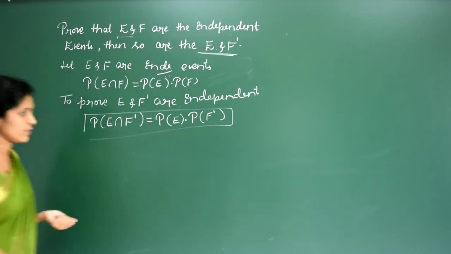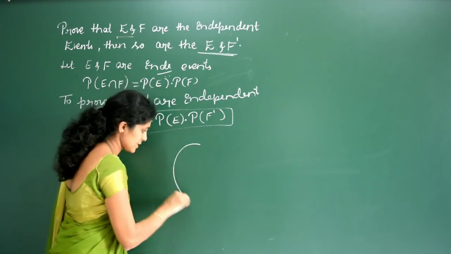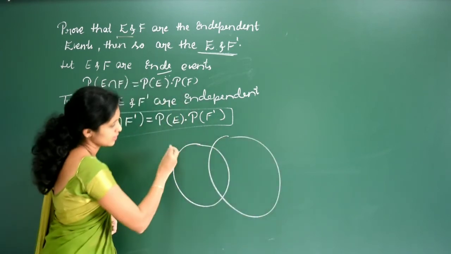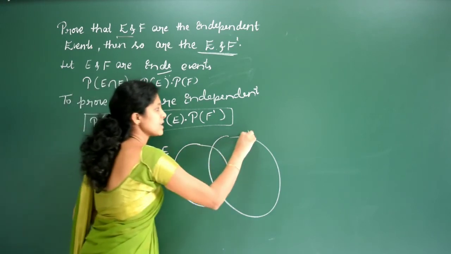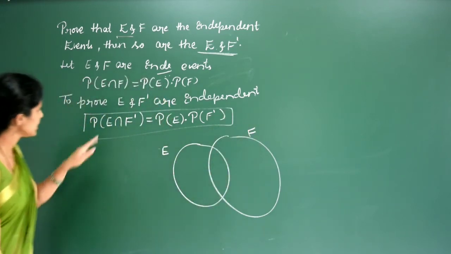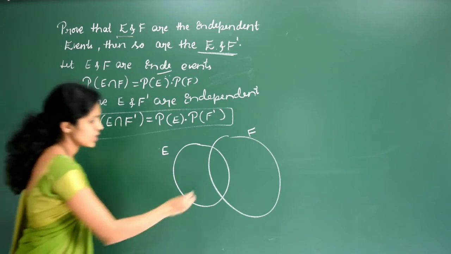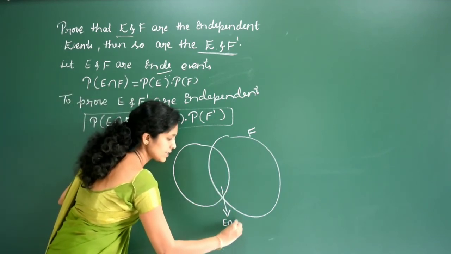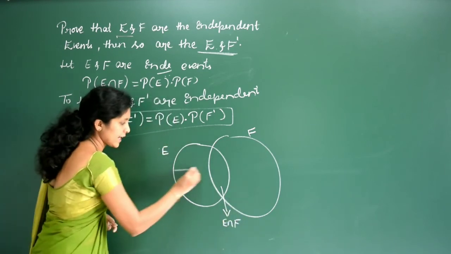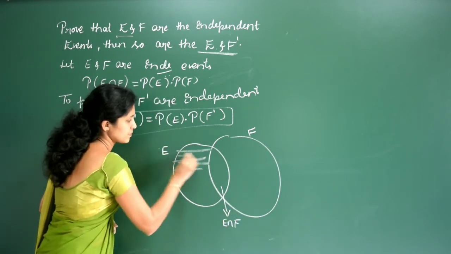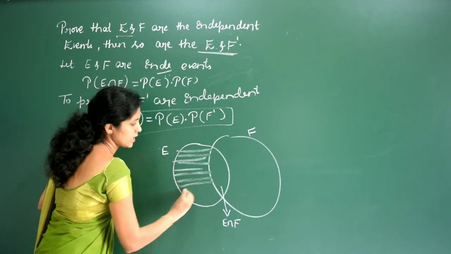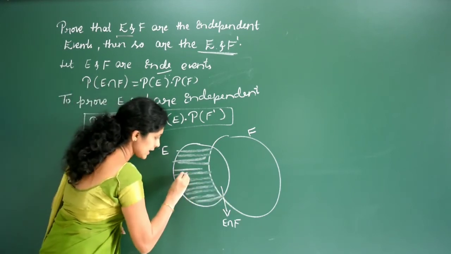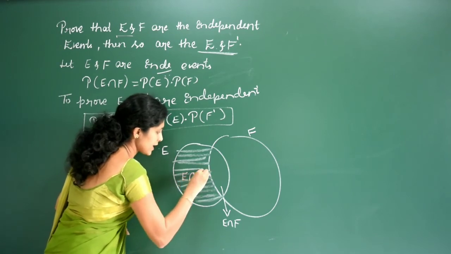For this, we'll use the Venn diagram. Okay. Let us consider the events E, and this is the event F. This is E, and this is F. Now here we need E intersection F dash. Is it E intersection with F dash?